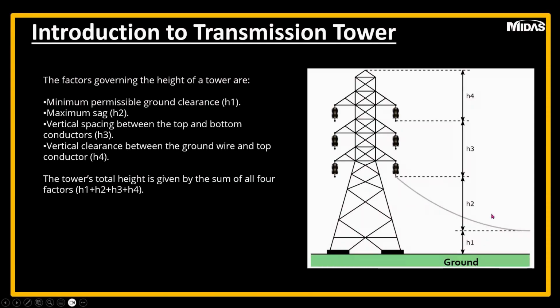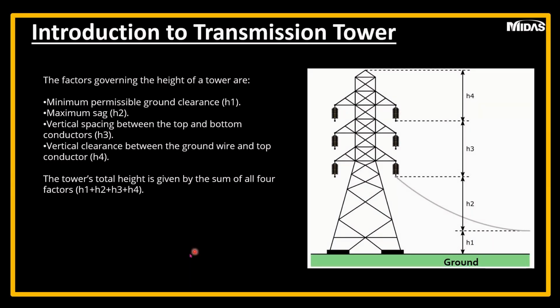So by considering the maximum sag that can occur in a cable, we can consider the height H2, and then the height H3, which is the vertical spacing between the top and bottom conductors, and finally the height H4, which is a vertical clearance. This vertical clearance is from the ground wire to the top conductors. So the total height of our tower will be the summation of these particular heights.